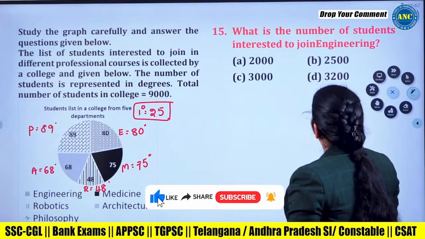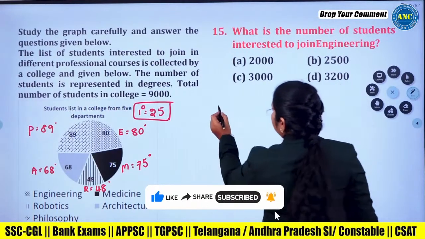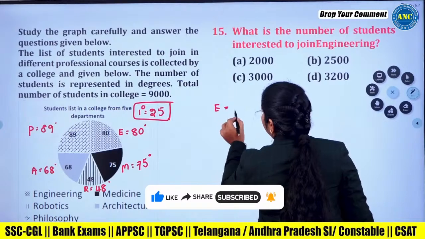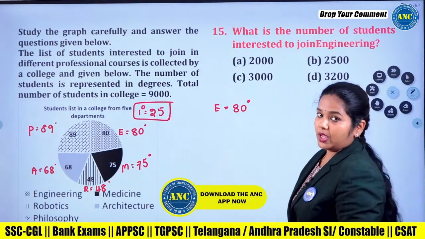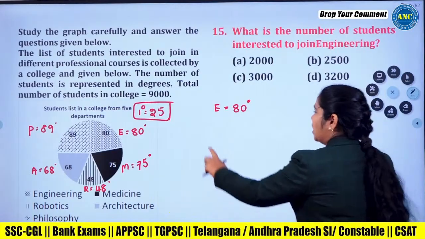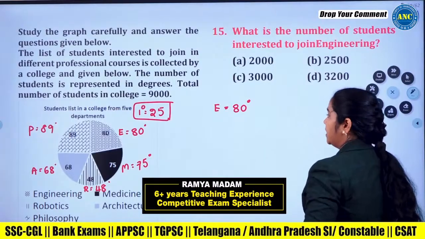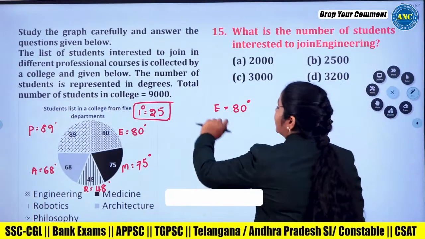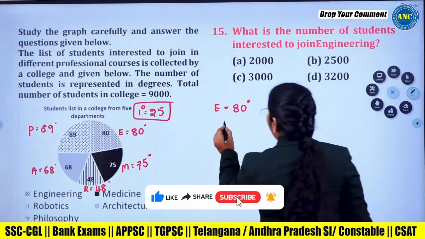Question number 15. What is the number of students interested to join engineering? If you see, 80 degree students are there in engineering. If we would have not calculated this, then we would have taken 9000 by 360 and done it. But we already calculated 1 degree value as 25 students. So how many students do we have in engineering?